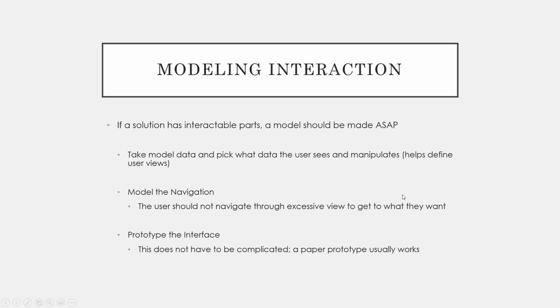So how do we know when we want to use modeling? Well, if a solution has interactable parts, so if one part of the solution can interact with another part of it, you should make a model as soon as possible. What you can then do is take that model data and pick what data the user sees and manipulates, and what the user does not see or manipulate. So let's think about Amazon.